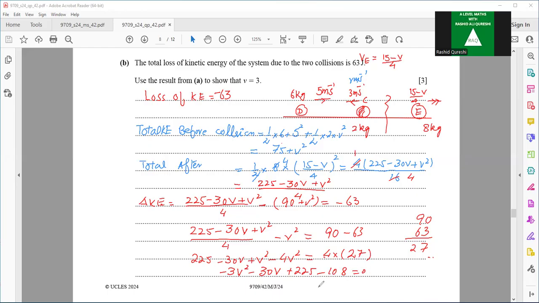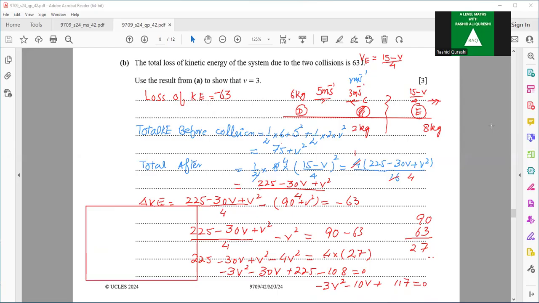After simplification, I will get minus 3V square minus 10V, and at the end you will get plus 15, is equal to 0. Now that is the quadratic equation you will solve with the help of quadratic formula or middle term breaking, as you like. So I have to solve this term over here.